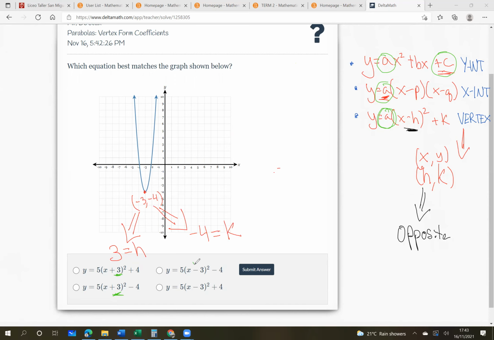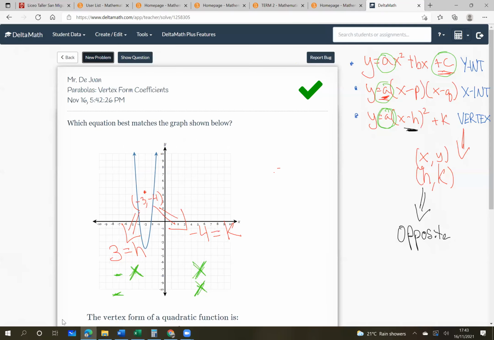So these can't be it, and this one can't be it, right? But I know that k has to be negative 4, which means that if this is positive 4, it can't be this one, meaning that the only other option is this one. All right. Process of elimination, highly recommended, for these questions, okay?